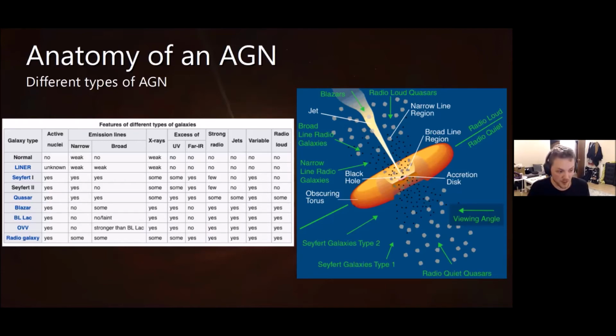Sometimes we have radio quiet quasars or radio quiet galaxies, where there is a lack of jets. On Wikipedia, there is a very nice table of the different types of AGNs. They are basically the same thing, all of them. Some are more powerful than others, but mostly it's just due to the viewing angle. So that's our belief of AGNs today.